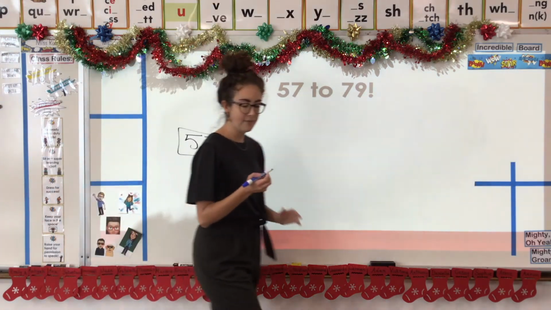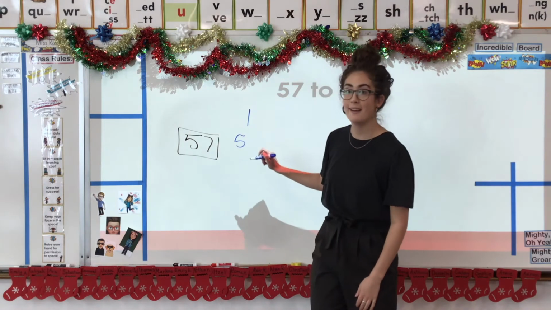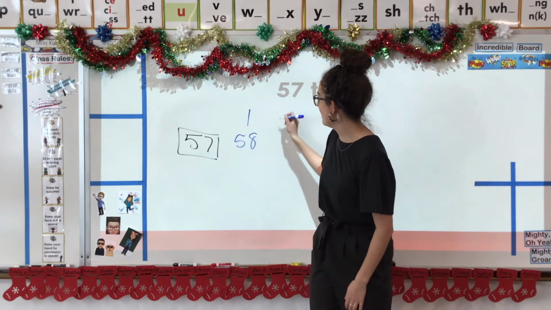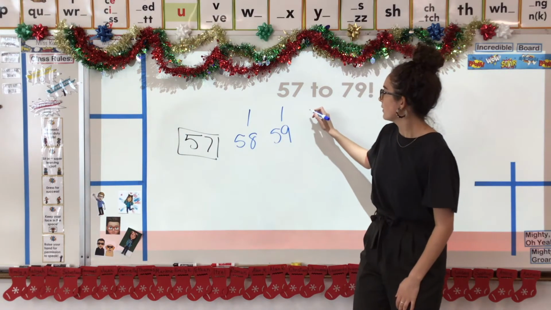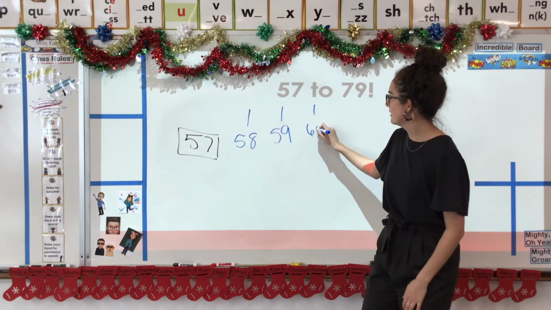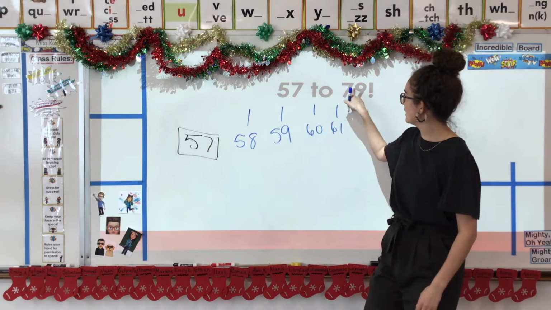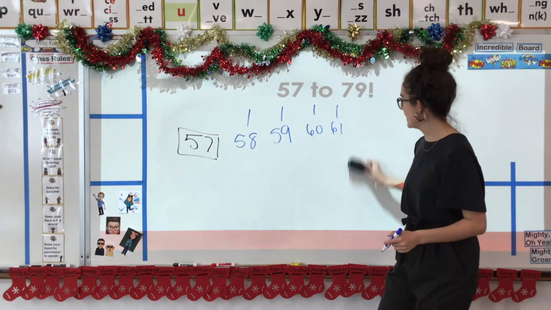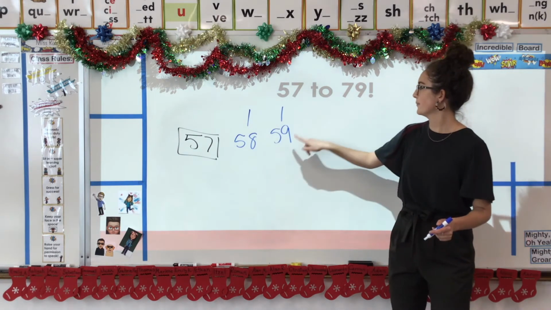So we have 57. We're going to add a 1. We're going to have 58, and then 59. Oh, do we want to keep going, or take a look? What's happening? What do you see between these two numbers?